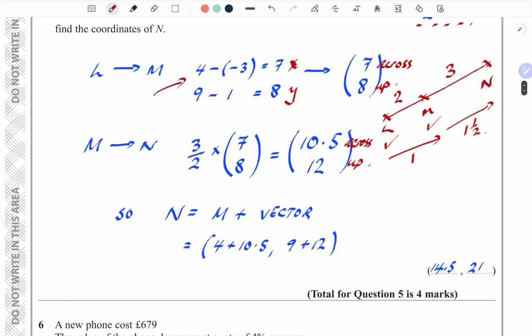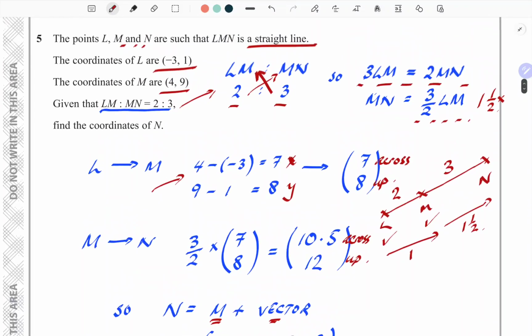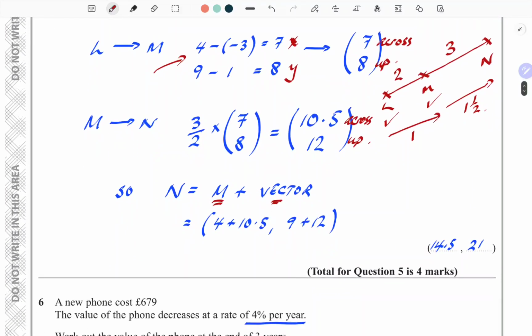So the coordinates of N are going to be the coordinates of M plus the movement vector that we've just worked out. Remember M had coordinates 4, 9. So we add the 10.5 to the 4, 14.5, and add the 12 to the original 9, that's 21.